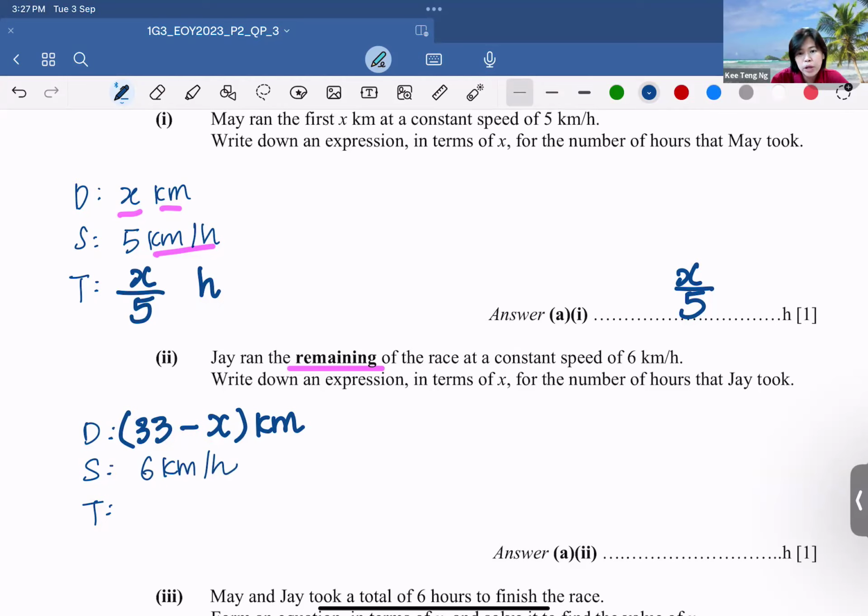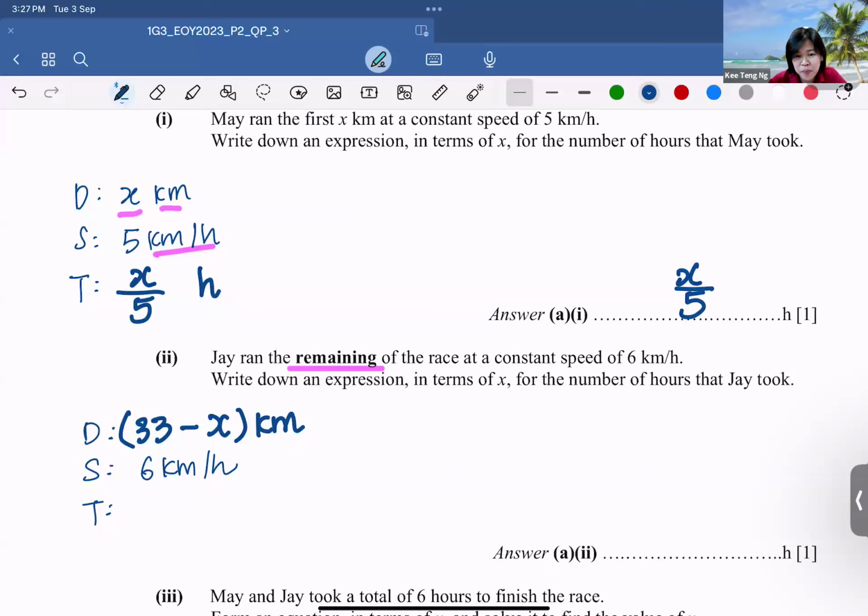Next person, how are we going to find the number of hours? Who is the 8 days? Hi, yes. How do you find the time taken? Which one divided by which one?